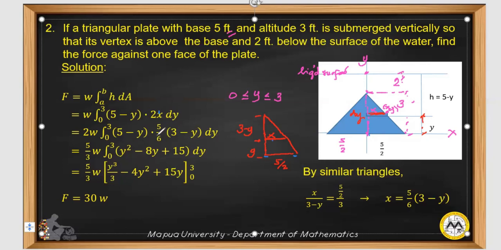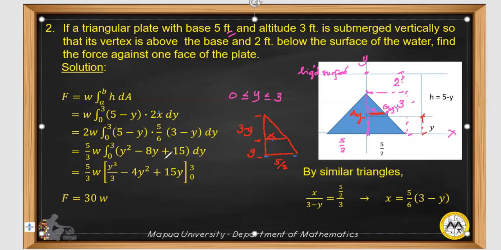Now, if we write 5 over 6 before the integral sign, then that gives us 2 times 5 over 6, or 5 over 3. So that gives us 5 over 3 w times the integral from 0 to 3, and then just get the product of 5 minus y and 3 minus y, which is equal to y squared minus 8y plus 15.